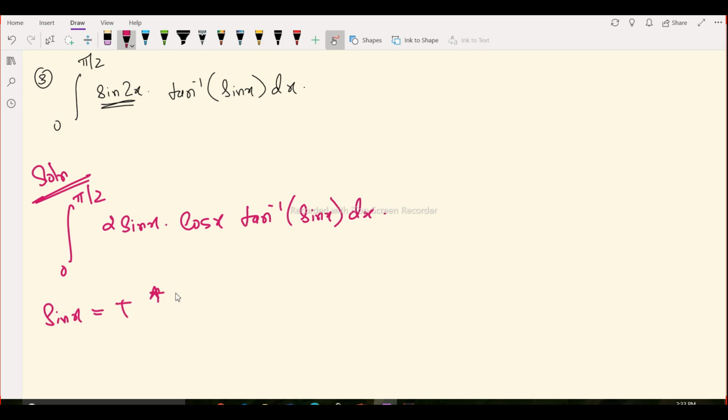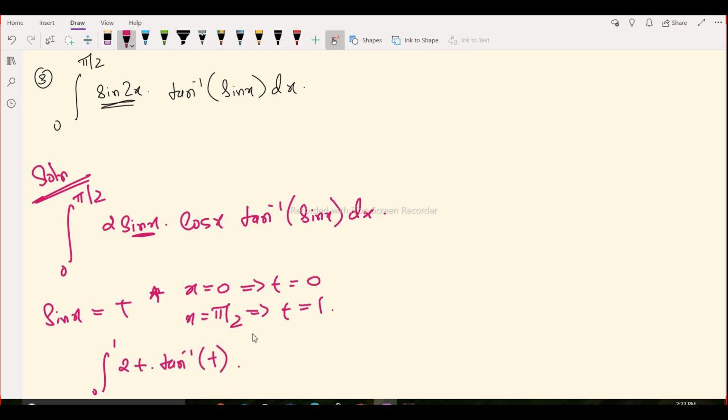What about the limits? When x is 0, t is 0. When x is pi by 2, t is 1. Now I can write this as 0 to 1. Since sin x is t, this is 2t tan inverse t into cos x dx.